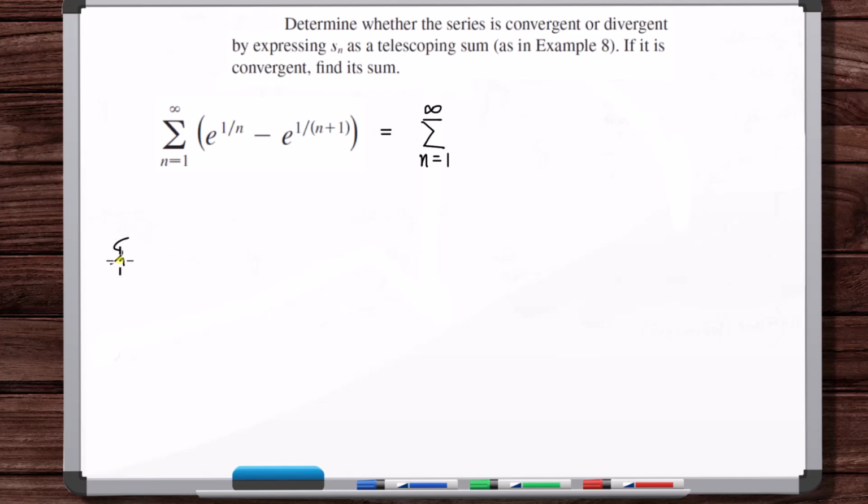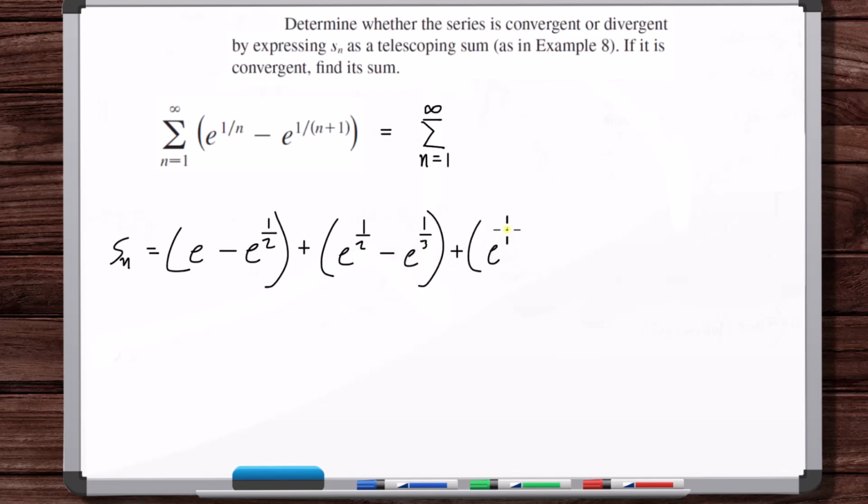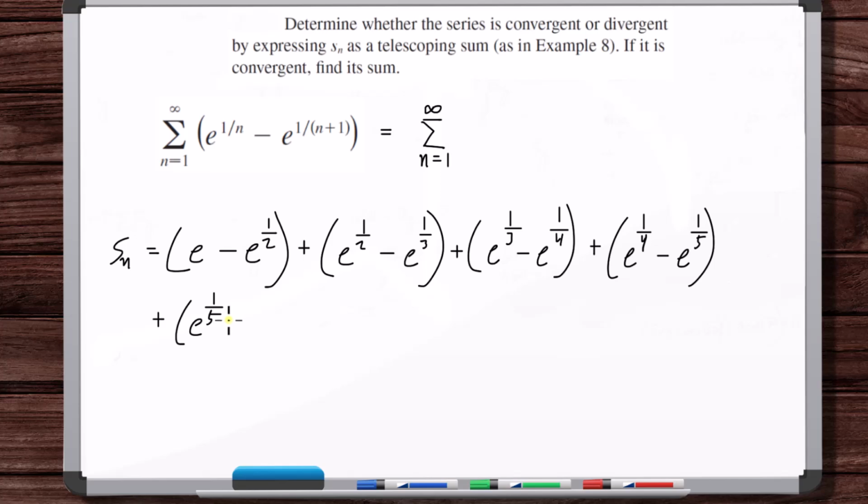So S sub n is, starting at 1, e minus e to the 1/2, plus e to the 1/2 minus e to the 1/3, e to the 1/3 minus e to the 1/4, e to the 1/4 minus e to the 1/5, plus e to the 1/5 minus e to the 1/6.